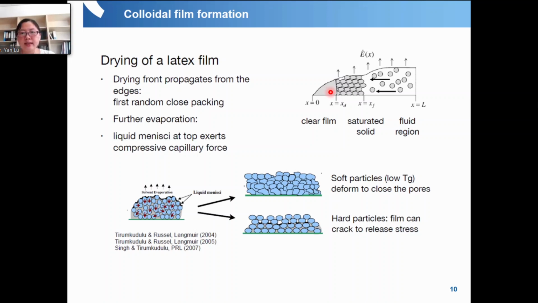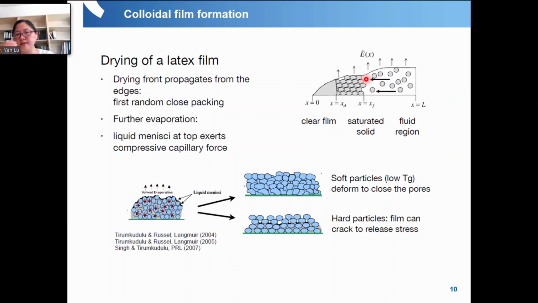And in that case, the liquid meniscus is at the top. Here they will have capillary forces, and these capillary forces will act on the film.